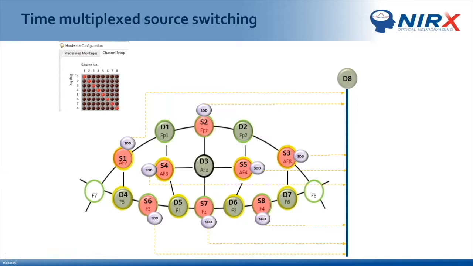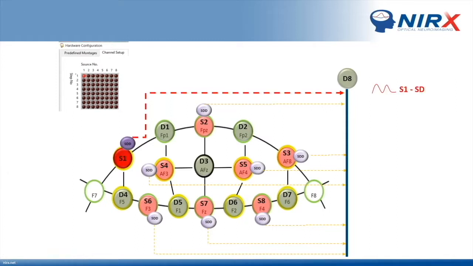So what will happen is first source 1 will be activated. And in this case, the short detector clip, which is attached to source 1, will pick up the signal, and the signal will then be transmitted to detector 8. And since our software already knows that at this instant of time source 1 was activated, the signal could have only come from the short clip attached to source 1.